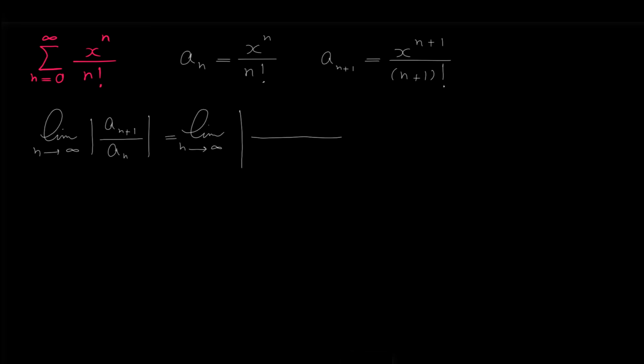This limit equals the limit of absolute of a sub n plus 1, which is x to the power of n plus 1 over n plus 1 factorial, over x to the power of n over n factorial.